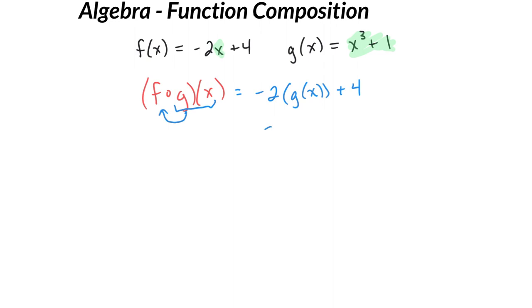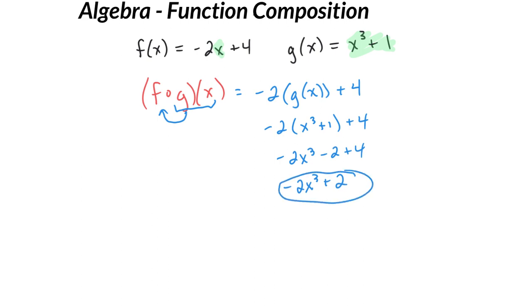And then we could actually plug g in, -2 times x cubed plus 1 plus 4. Now, oftentimes you'd maybe like to clean this up, maybe distribute, so you could get a nice function out of that and say, well, this is it. If I actually compose the two, that's what I would get.